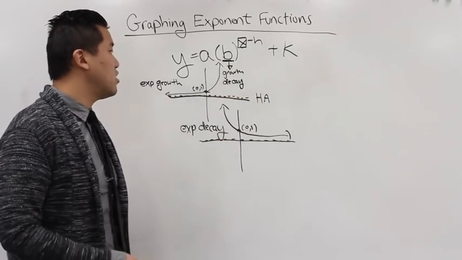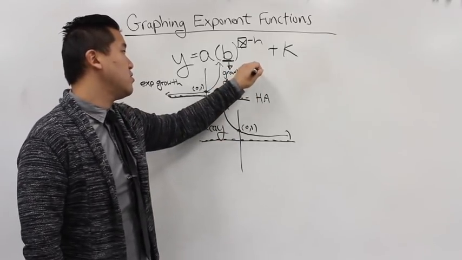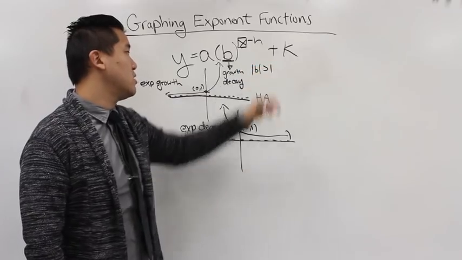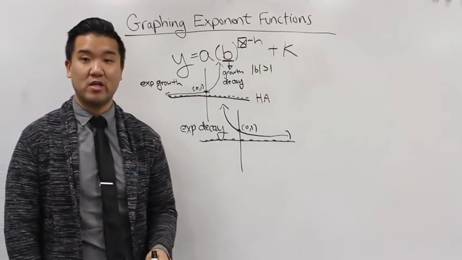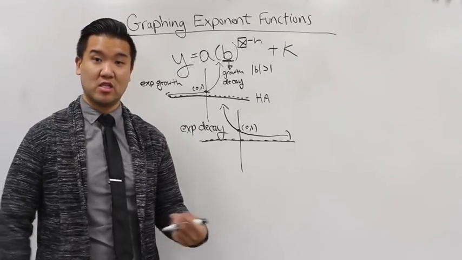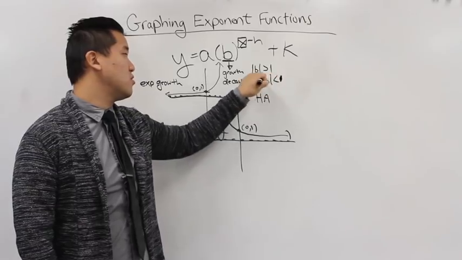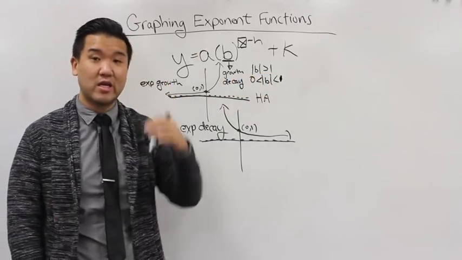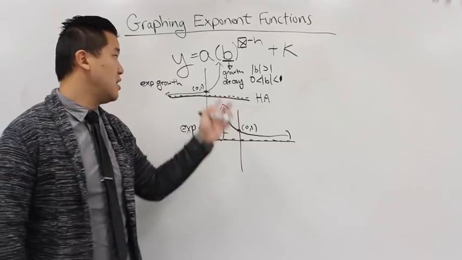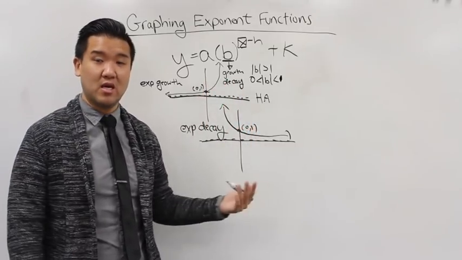So how do you know if it's growth? If the b value is greater than 1. It's our multiplier, so it's going to continually grow. If my b value is in between 0 and 1, so a fraction, not an improper fraction, but just a fraction like 1/2, then it will be a decay.